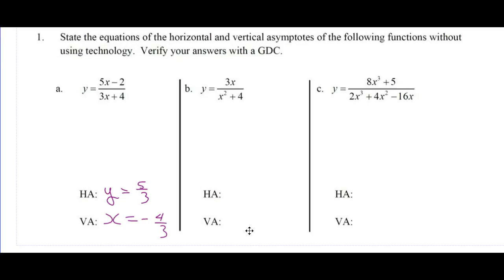This is going to end up being essentially 3 over x, so y is equal to 0. And what's the vertical asymptote? Well, there is none, since we cannot set this to 0. We can't make x squared plus 4 equal 0.